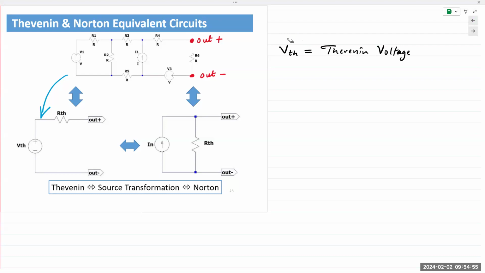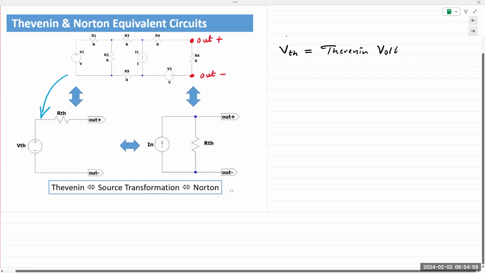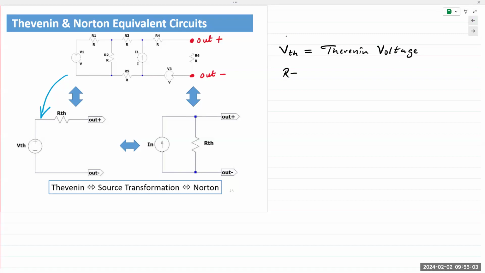Again, it is a source, okay? It is a source. RTH is Thevenin resistance. And IN is the Norton current.